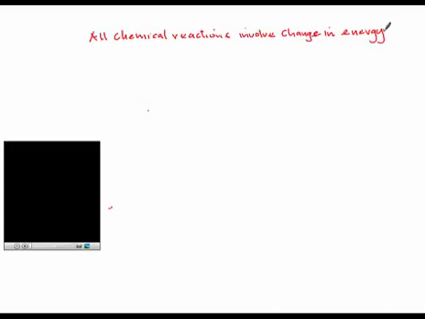Energy that is added to the reactants breaks their chemical bonds.